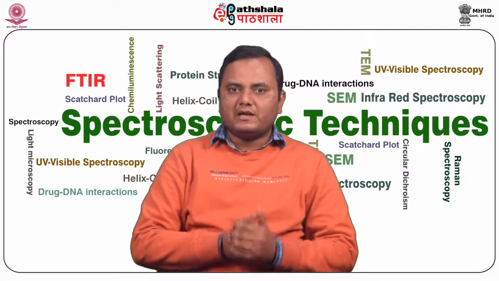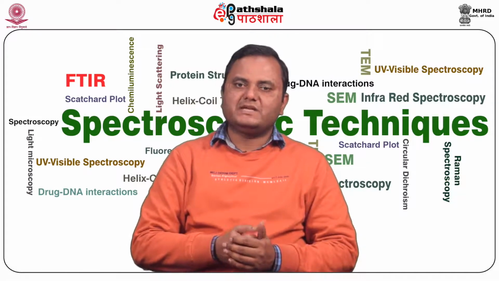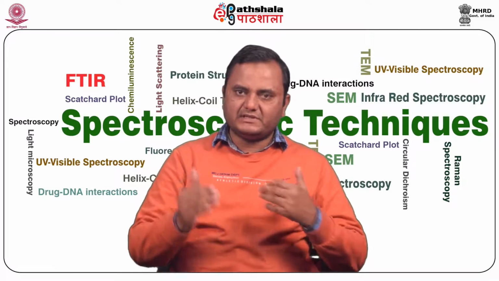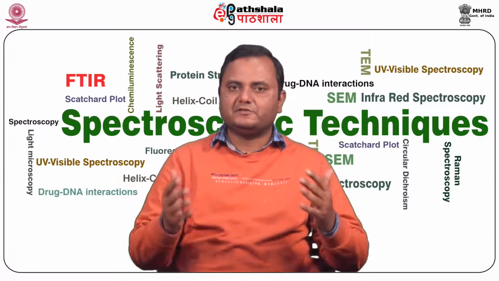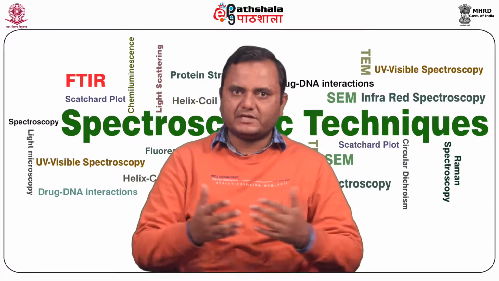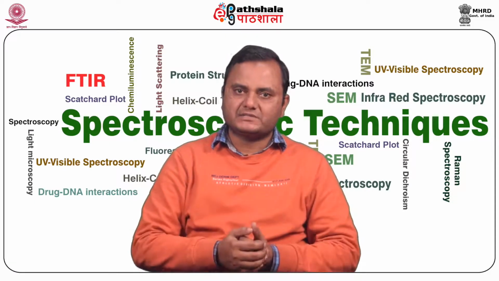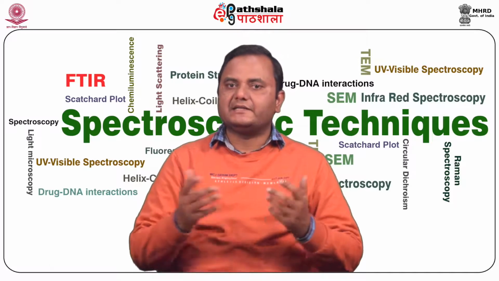There are several online tools available to analyze the spectra, and based on the spectral analysis they give you information about the content of secondary structure. By that you can deconvolute or decompose the spectra and get the structural information.